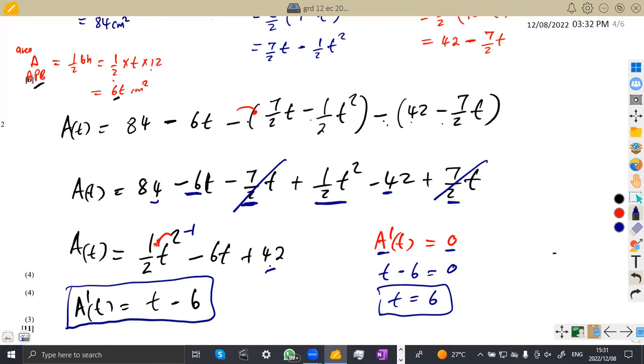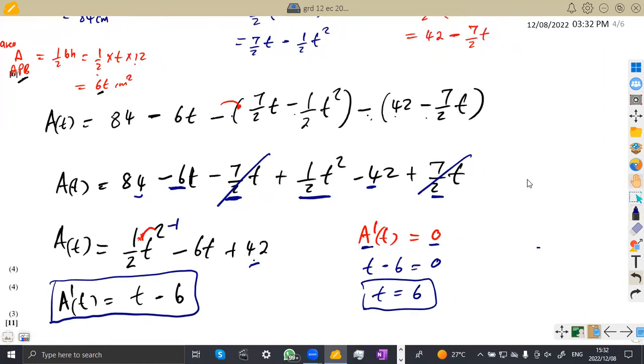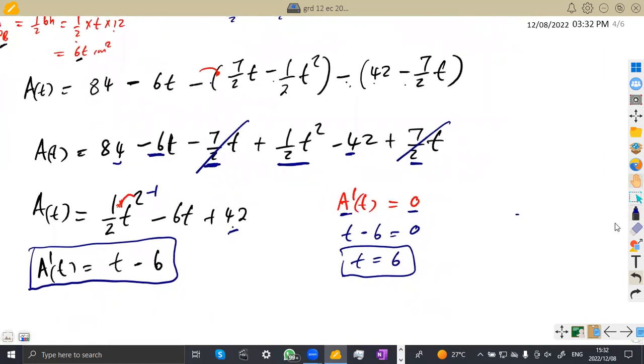So if we are to check, we have an expression here for the area that we already have. Therefore, our area is going to be given as, we are now substituting the value of t that we got into the expression for the area. In place of t, we substitute 6. So this is going to be half of 6 squared, minus 6 times 6, plus 42.